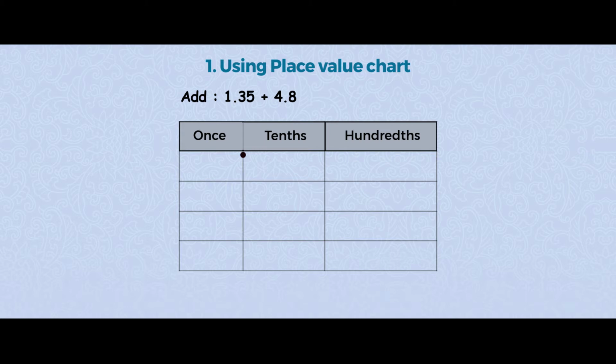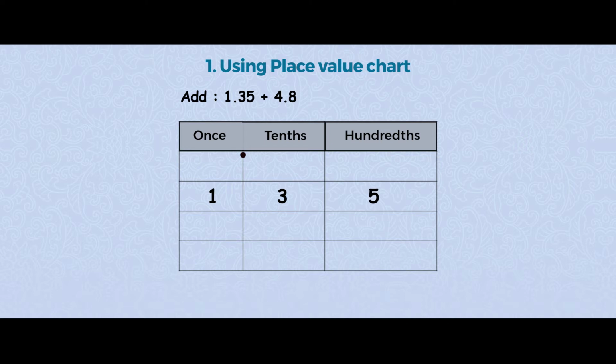The first addend here is 1.35 and the second is 4.8. Now let's insert the first addend. 1 will come under ones, and then 3 comes under tenth, 5 under hundredth.